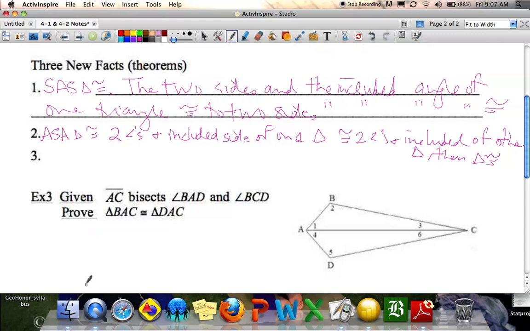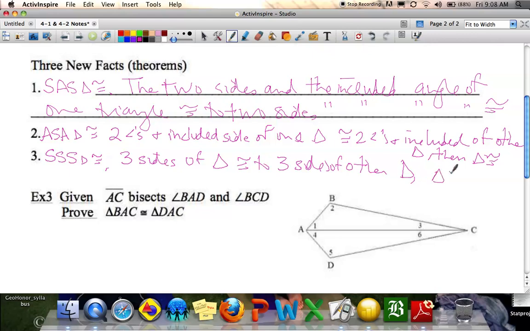And the third triangle congruence so far is side, side, side triangle congruence. Three sides of one triangle congruent to three sides of another, then the triangles are totally congruent.